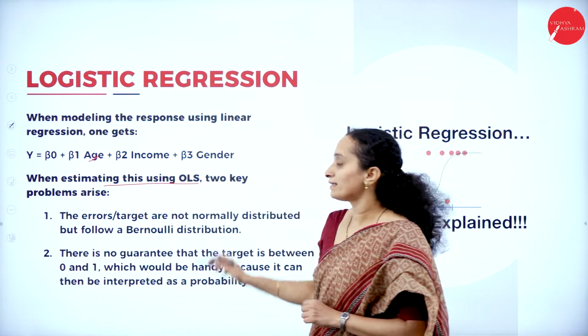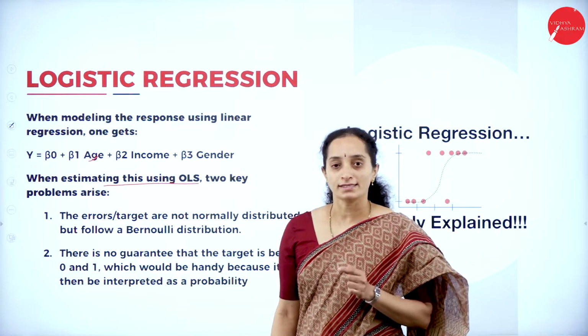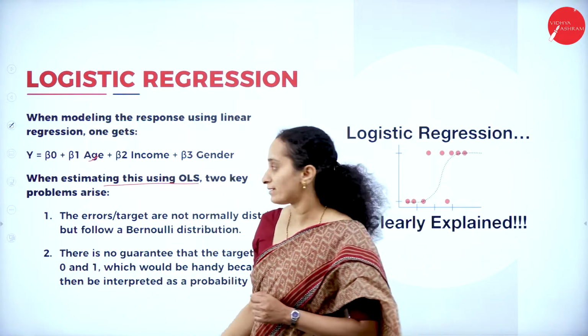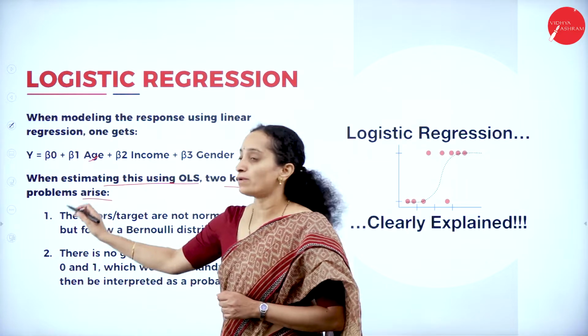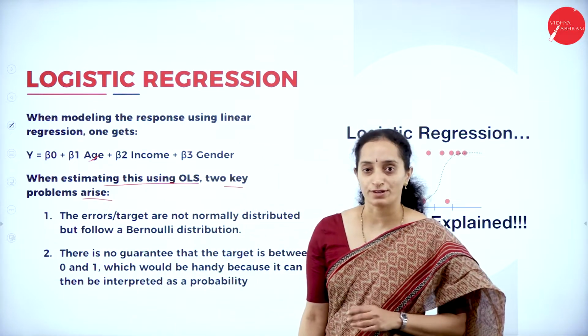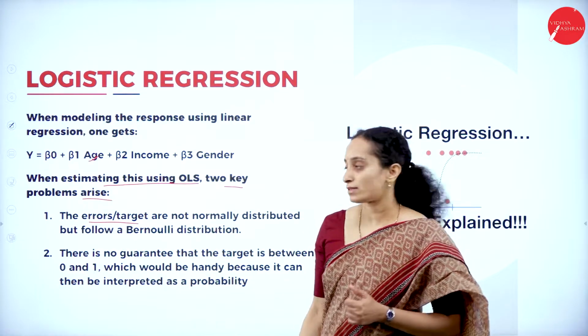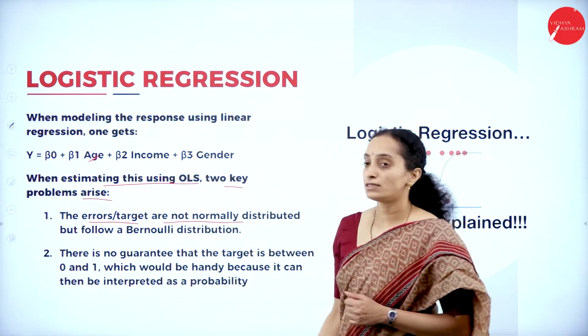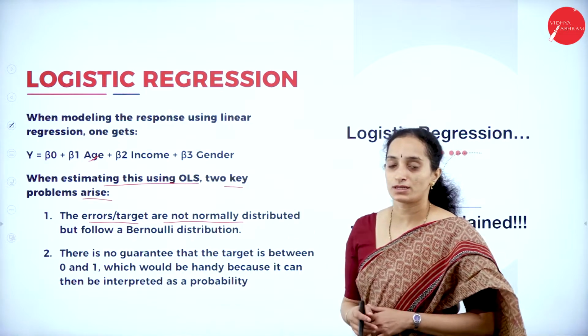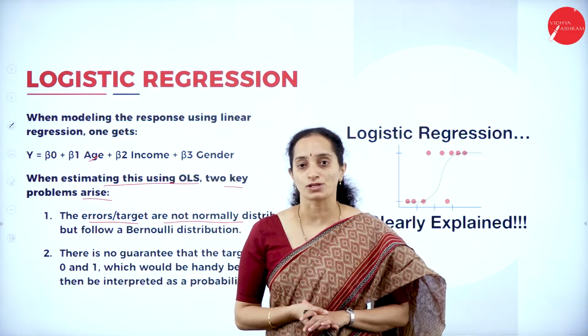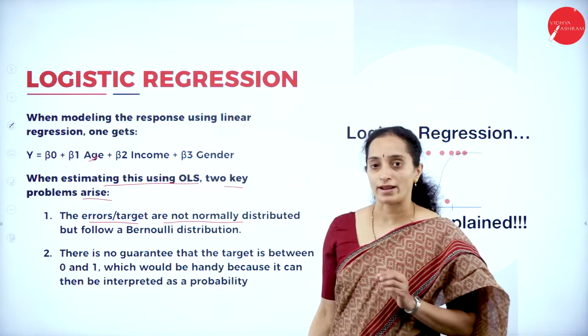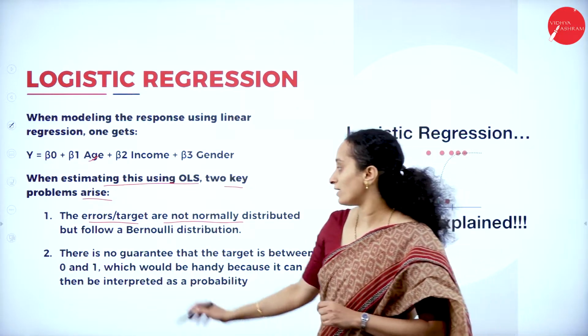When estimating this using the ordinary least squares technique, two key problems may arise in the case of linear regression. What are they? The errors or the target are not normally distributed. There is no normal distribution of the error values or target values.